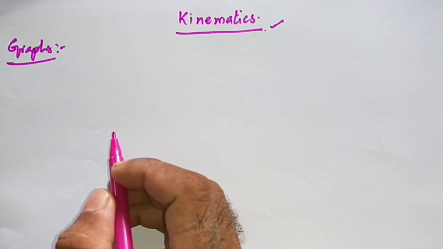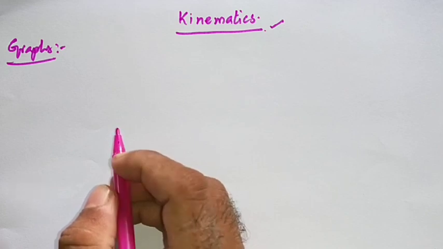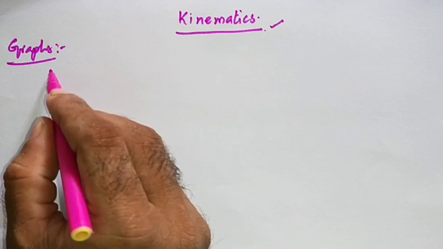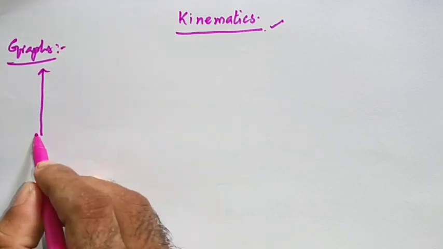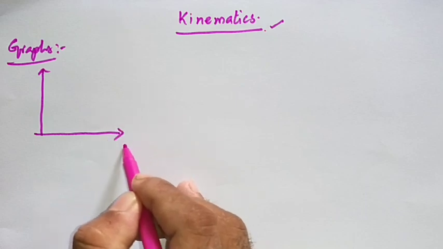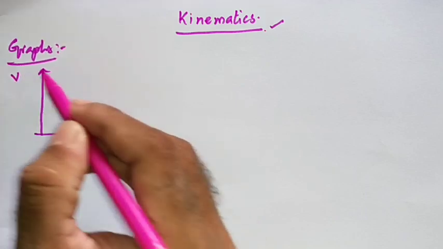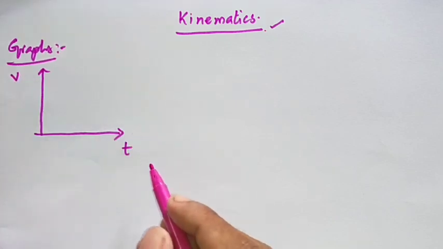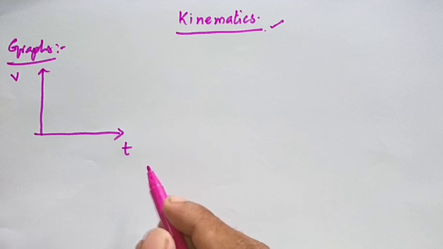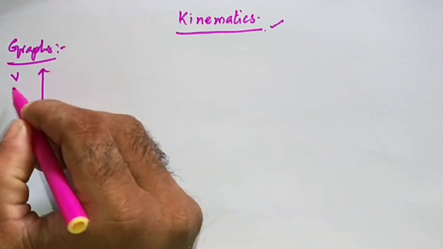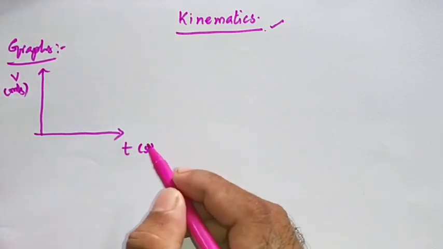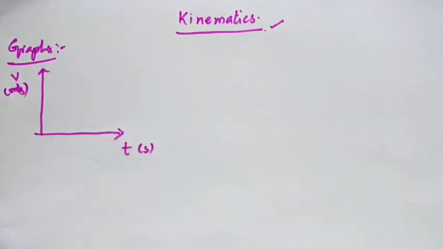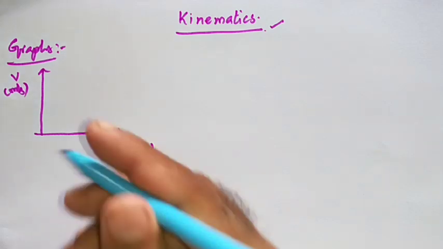Let us see here. Okay, so there is a VT graph given, for example. In an examination, there is a question: a velocity time graph is given. Velocity is in meters per second and time in seconds. The shape of the graph is this.